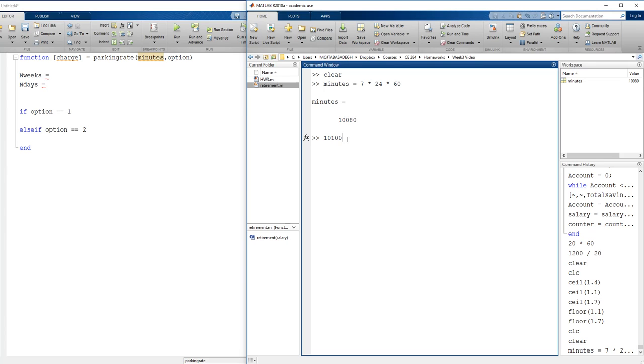So 20 minutes plus 1 week is 10,100 minutes. If I use floor of this divided by number of minutes which is available in each week, which is 10,080, you will see that it will give me 1, which is 1 week basically.